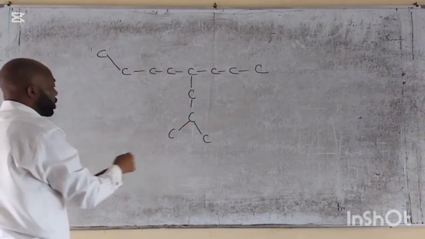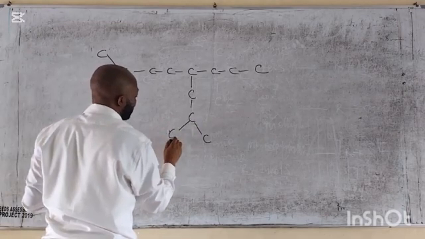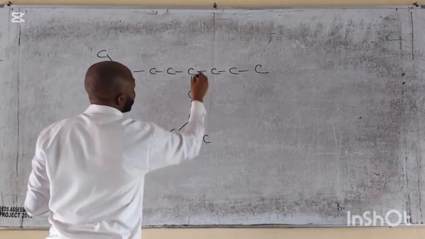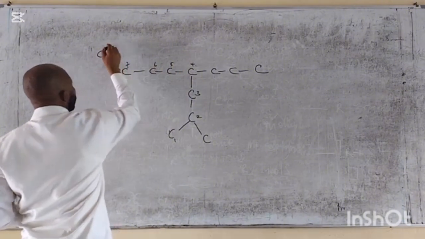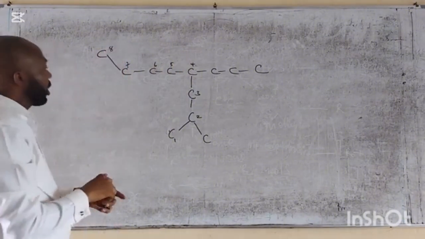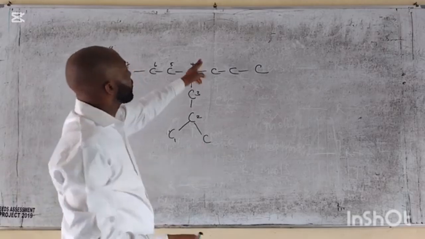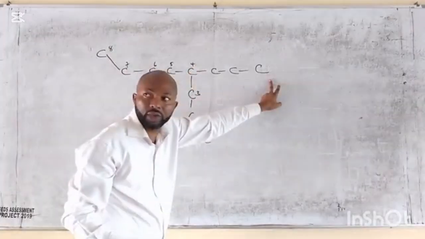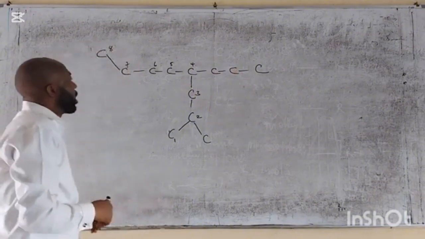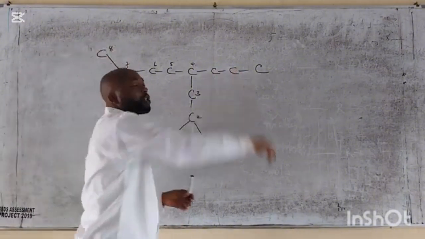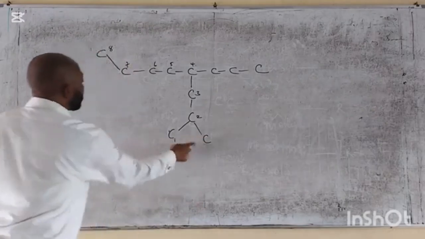So I have my 1, 2, 3, 4, 5, 6, 7, and 8. Now, in carbon 2, I have a methyl. In carbon 4, I have a propyl. N and P, which one comes first alphabetically? M. So this will go first.